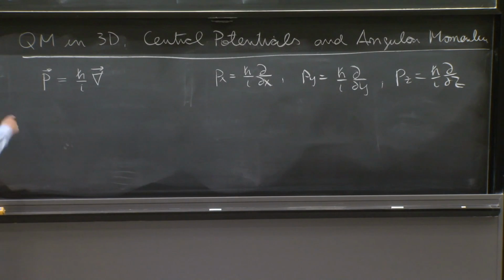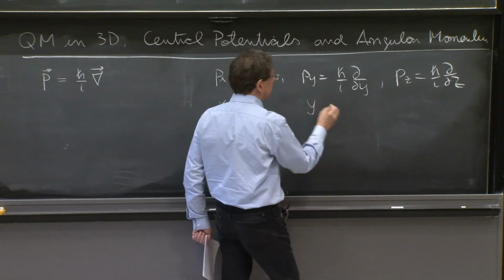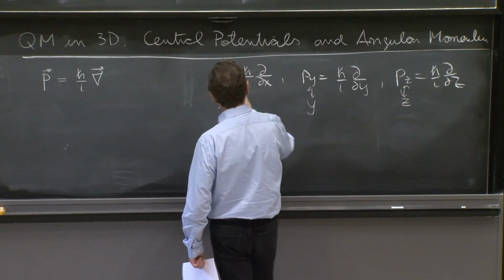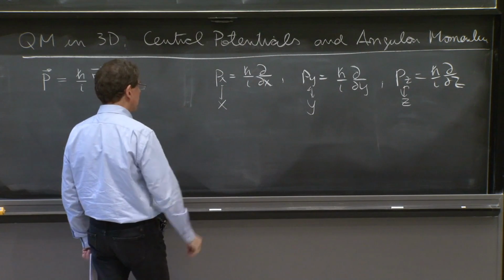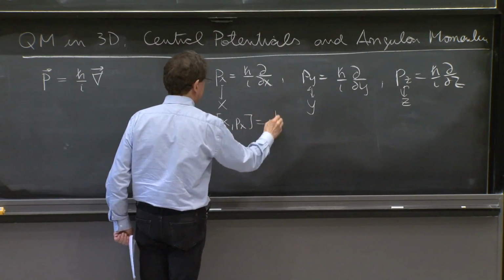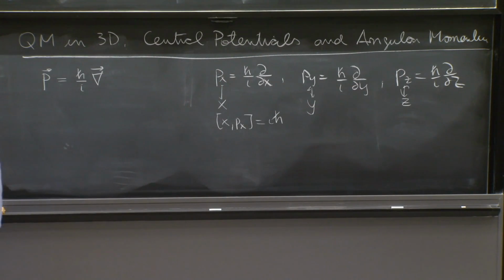And we had commutators between px and x, py and y, and pz and z. There were always the same commutators of the form [x, px] equal i h bar, similar things here.